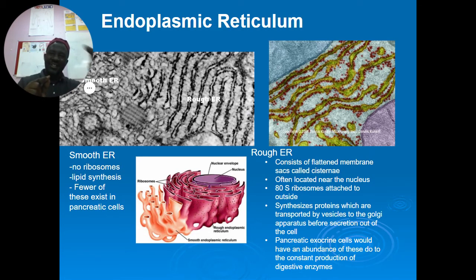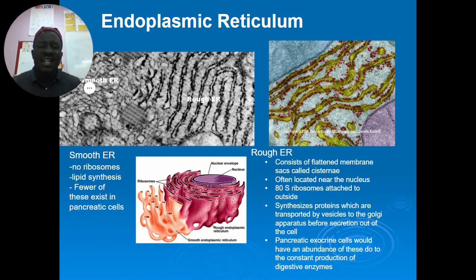So after synthesis, modification, and then packaging, the packaged protein is passed on to the vesicles on the Golgi apparatus before secreting them out of the cell. That's the function.